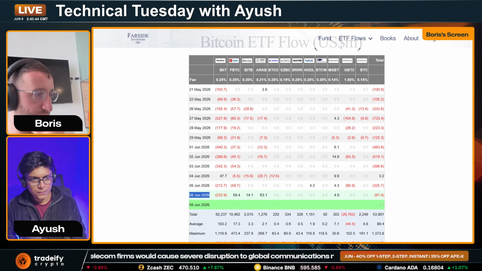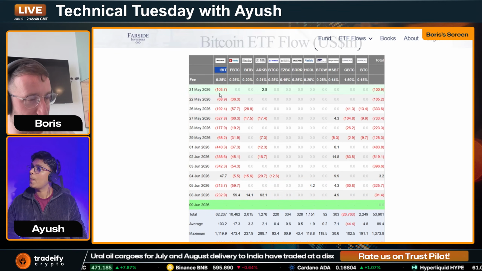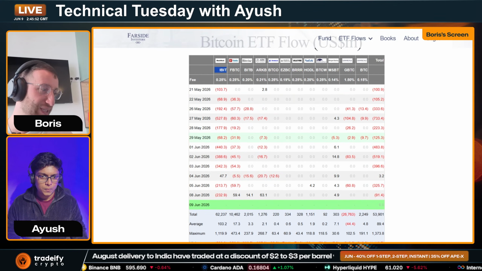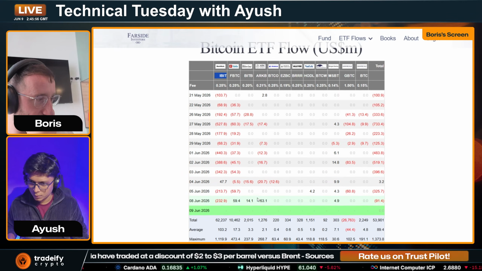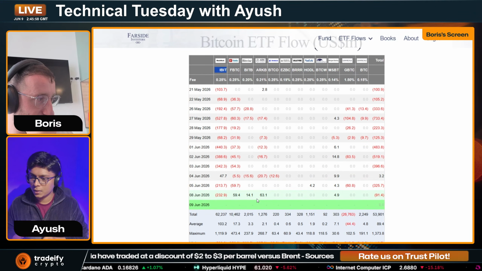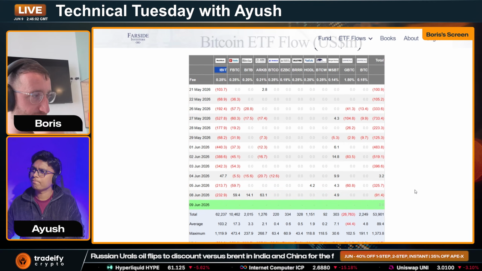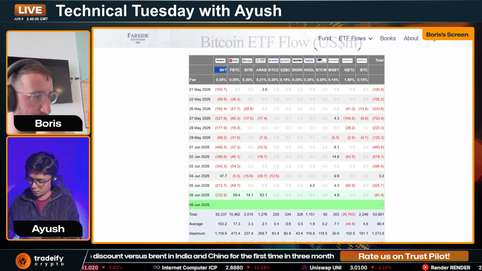And look where most of the outflows are coming from. IBIT, which is BlackRock. What are you doing, BlackRock? You're going to be buying Bitcoin, not selling it. That says a lot about the current trend. So, we had 91 million in Bitcoin outflows.